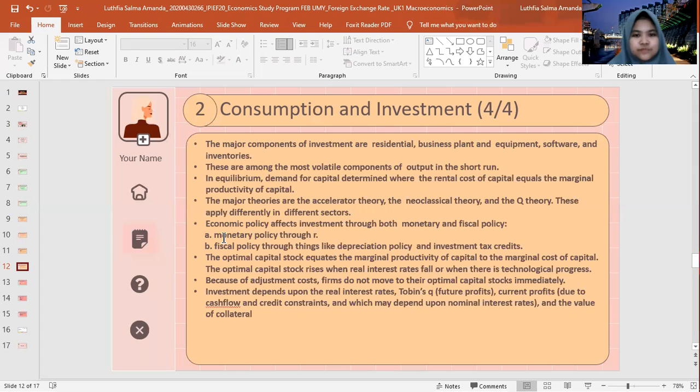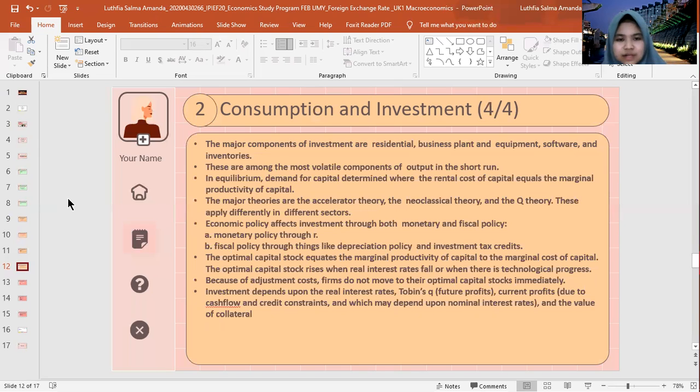In equilibrium, demand for capital is determined when the rental cost of capital equals the marginal productivity of capital. The major theories are the accelerator theory, the neoclassical theory, and the Q theory. These apply differently in different sectors.